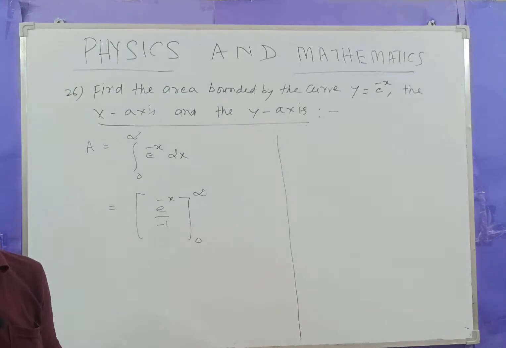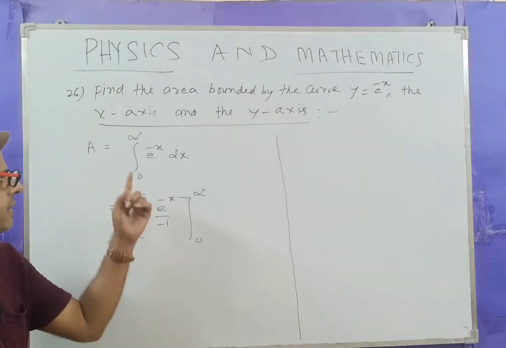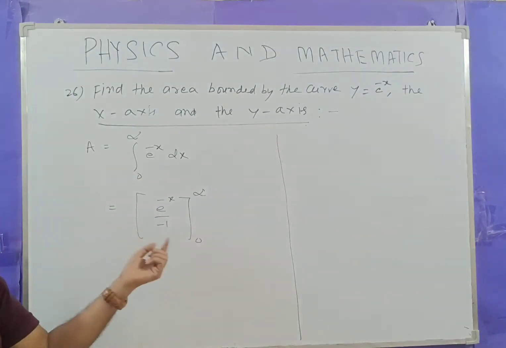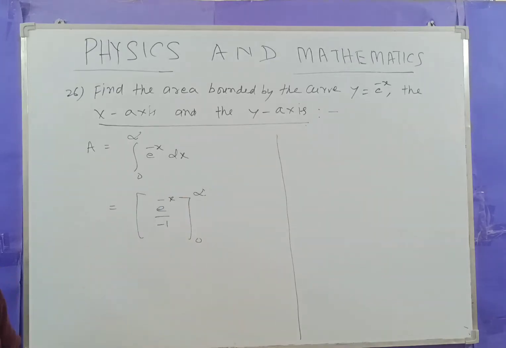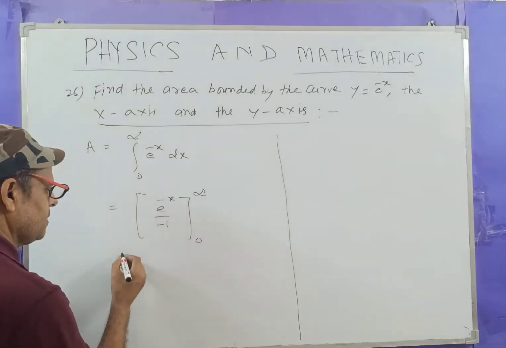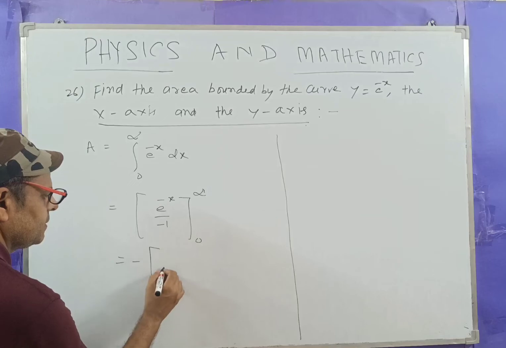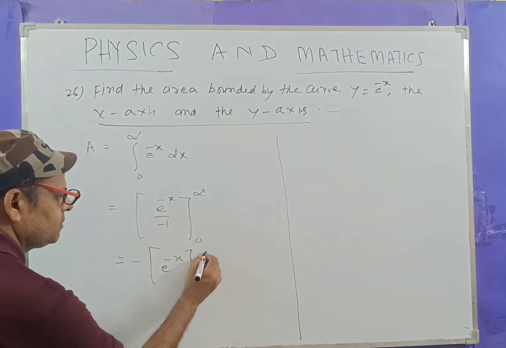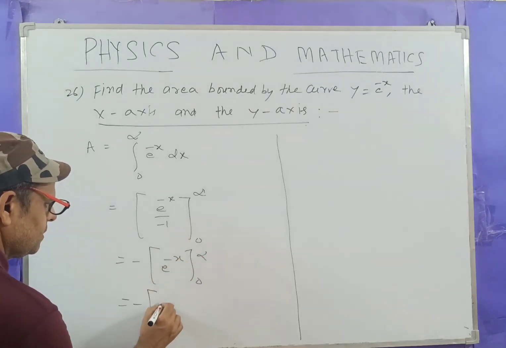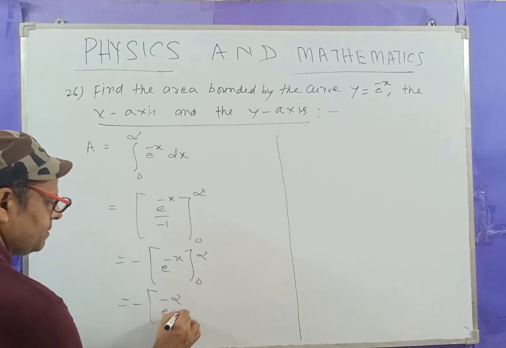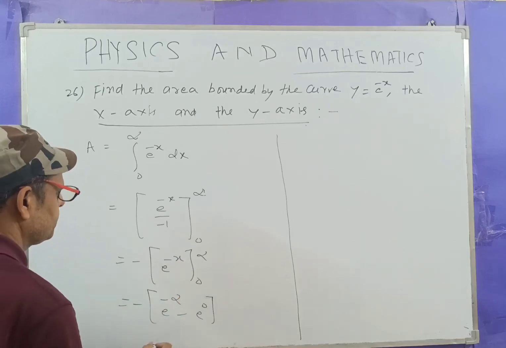As per the rule of definite integration, the lower limit will be 0 and the upper limit will be infinity. Here you can write minus e to the power minus x from 0 to infinity: minus e to the power minus infinity minus e to the power 0.